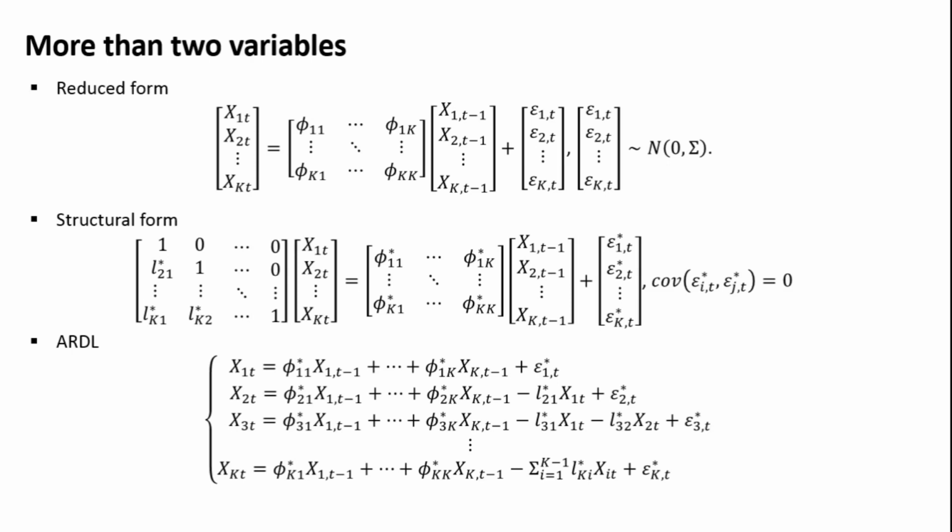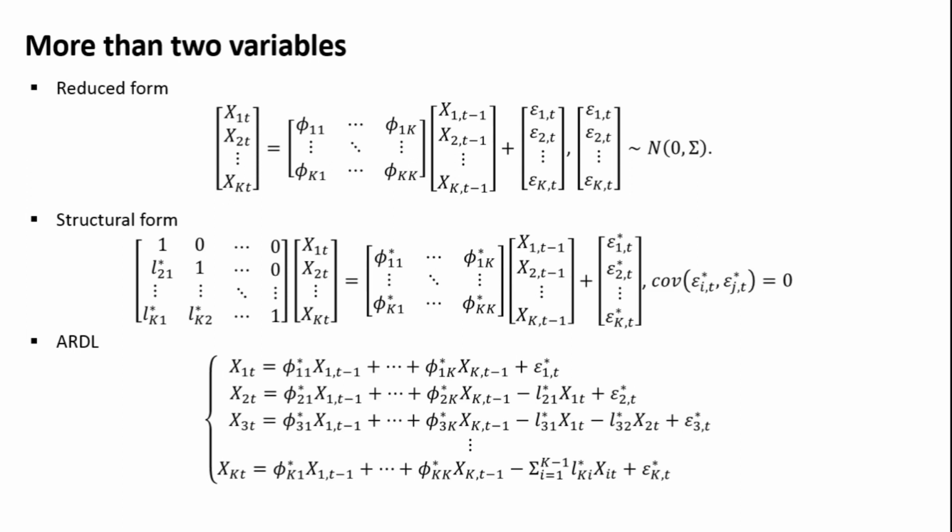We can have a situation in which we have more than two variables, so we have variables x1, x2, up to xk. We have k variables, and in this situation we have a VAR which is not just a relationship between two variables as in the previous situation that we presented to you in this tutorial, but we have multiple relationships between variables.